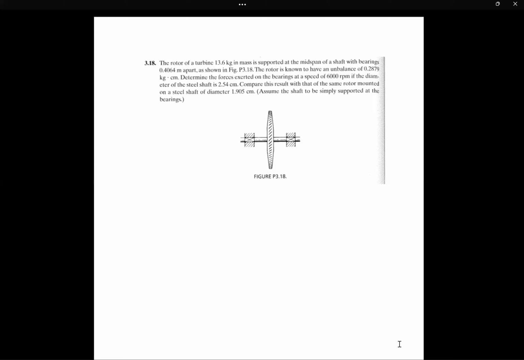We have to determine the forces exerted on the bearings at a speed of 6,000 rpm if the diameter of the steel shaft is 2.54 centimeter. In the second part, we do the same thing, just the diameter of the shaft will be changed to 1.905 centimeter. Also, we're going to assume that the shaft is simply supported at the bearings.